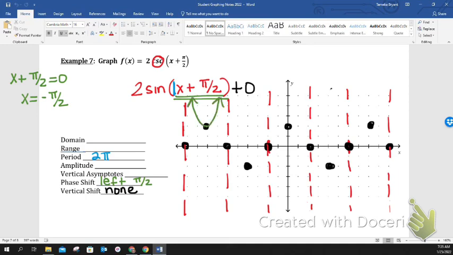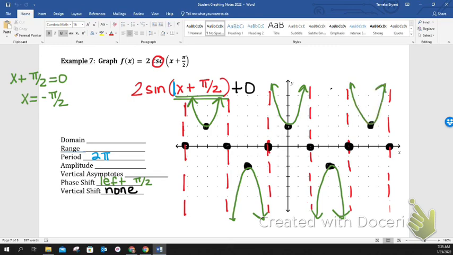So every time you hit +2, you have an up parabola. And every time you hit -2, you have an upside down parabola. So we're going to draw those in. And that is your graph.